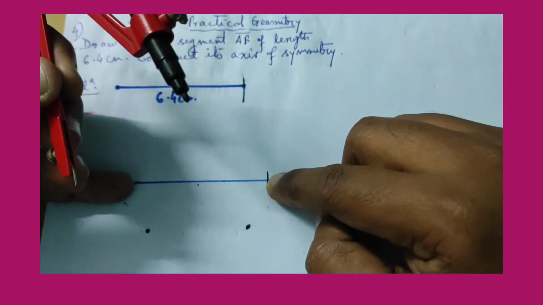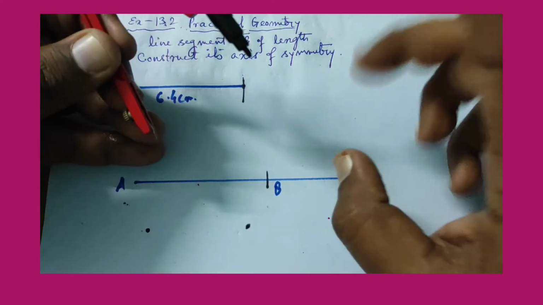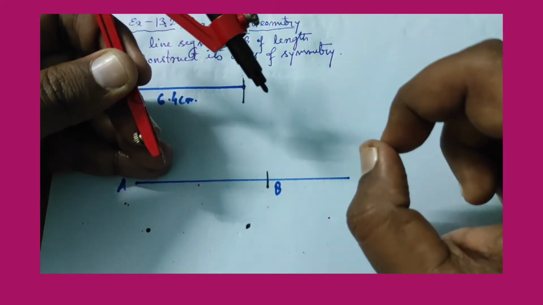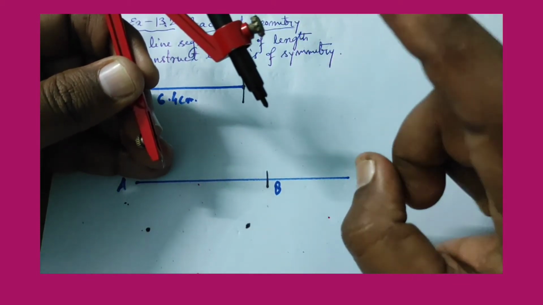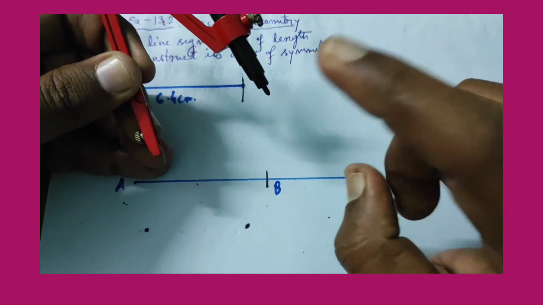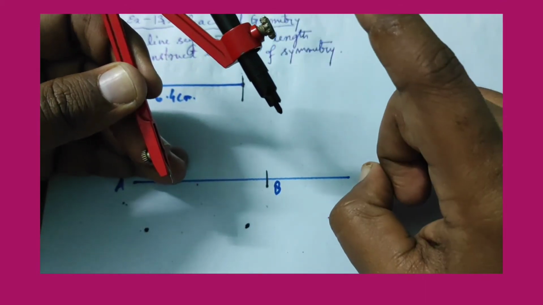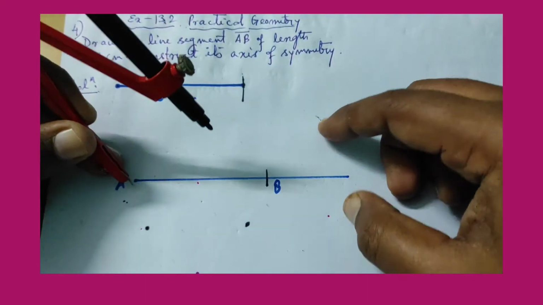Okay, so please do remember, while constructing the perpendicular bisector of any line segment, we have to take the radius in the compass bigger than half of the given measurement.